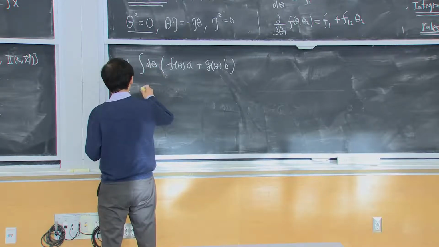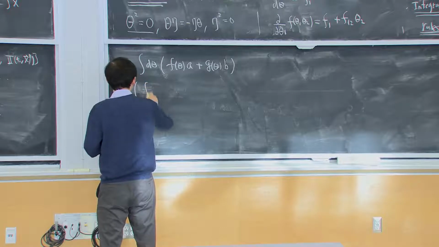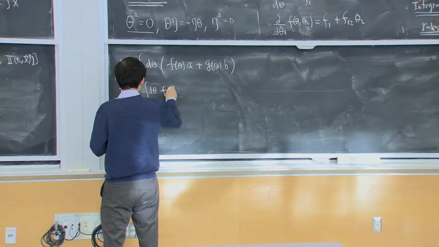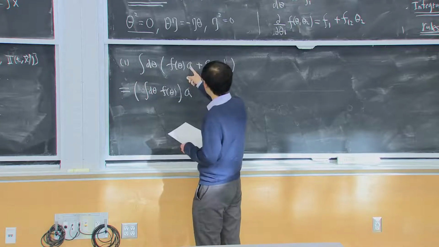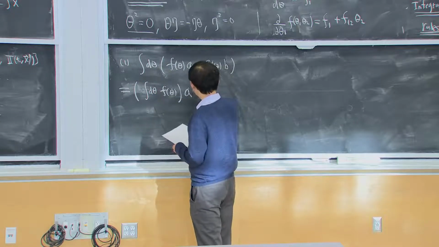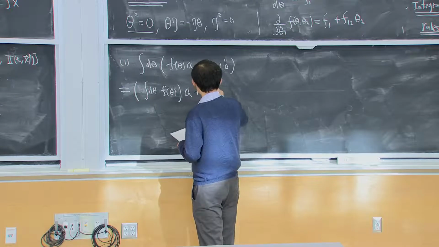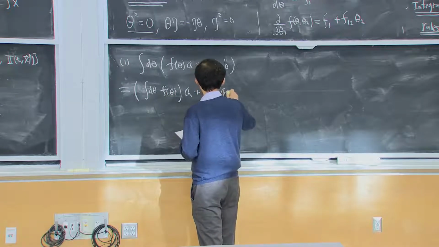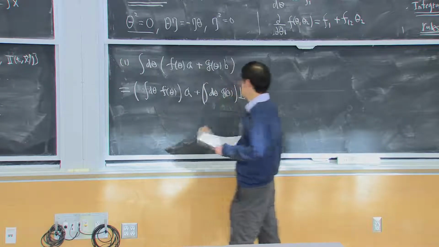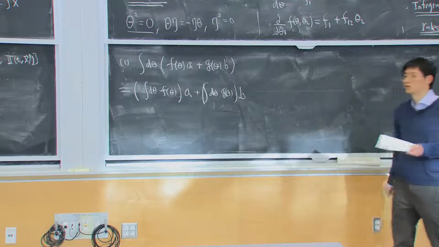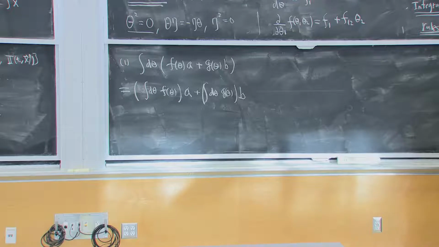This means it is the same as the integral d theta f theta times a, where a is just a constant so you can take it outside the integral, plus the integral d theta g theta times b.